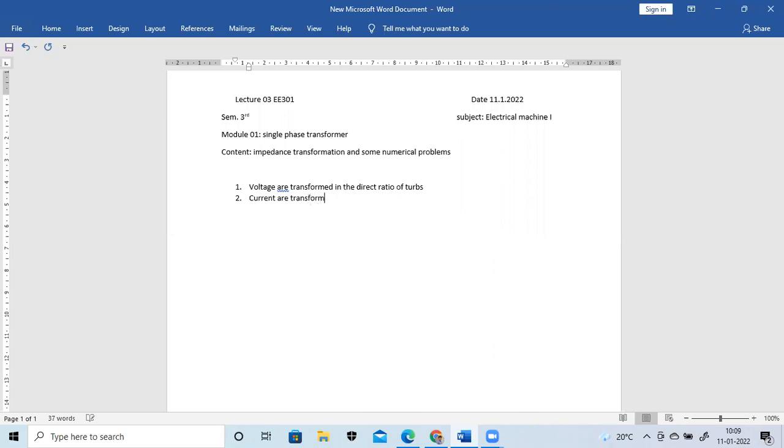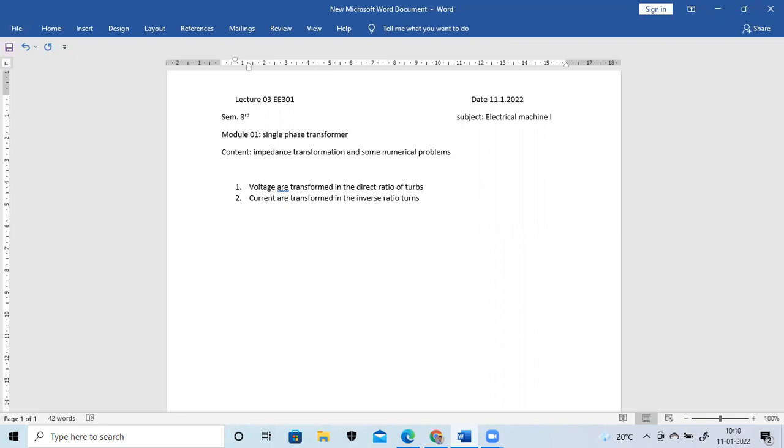This is the furnace. Fire is going on. So in the inverse ratio of turns, the steam gathers over here, and then it is again heated. That is the superheater. Then again to the turbine. In this way it is working.